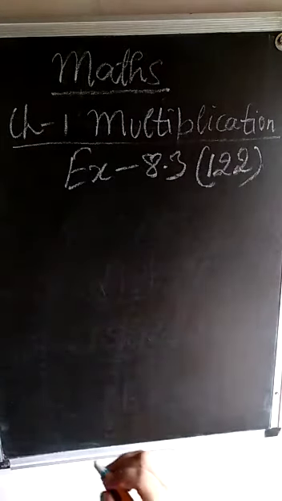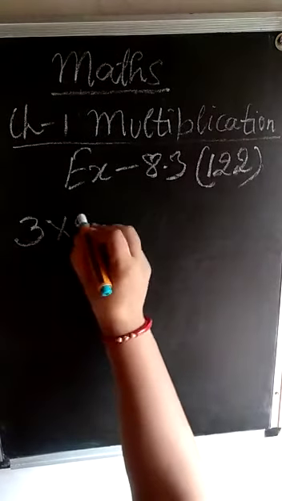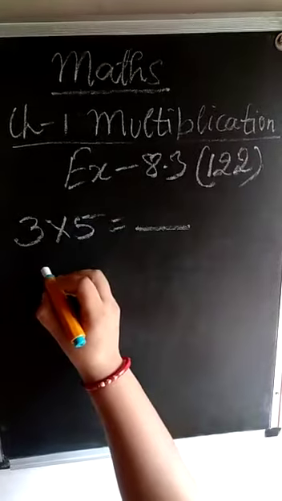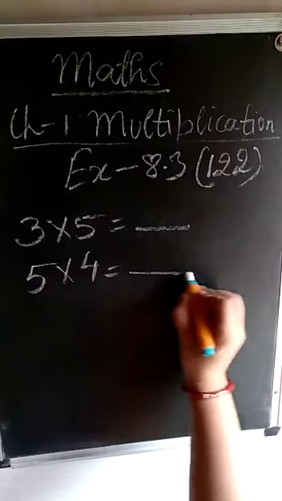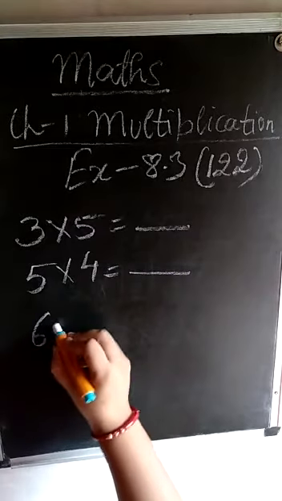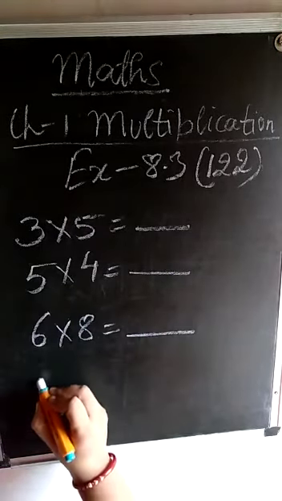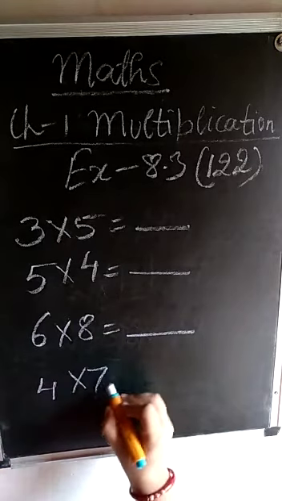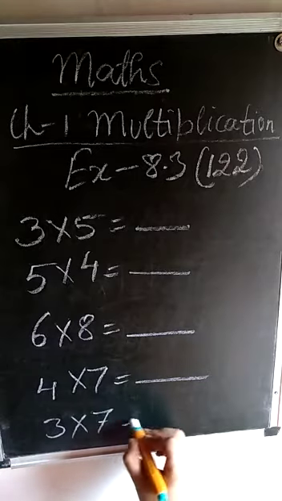And here we have a few sums. For example, 3 into 5 is equal to dash, 5 into 4 is equal to dash, 6 into 8 is equal to dash, 4 into 7 is equal to dash, 3 into 7 is equal to dash.